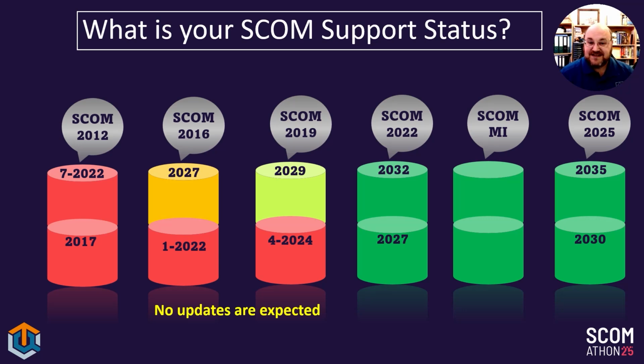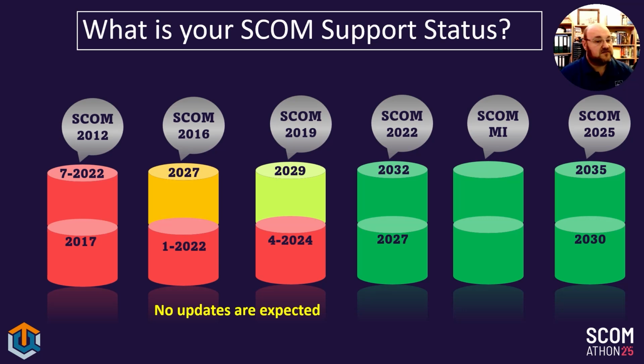SCOM 2016 is only in extended support for several years already, meaning you will get no new features, no security hotfixes, maybe something really, really rare, but do not expect anything here. Crucially also, SCOM 2019 stopped the mainstream support just last year, so that is after 5 years of running in production, in April 2024.